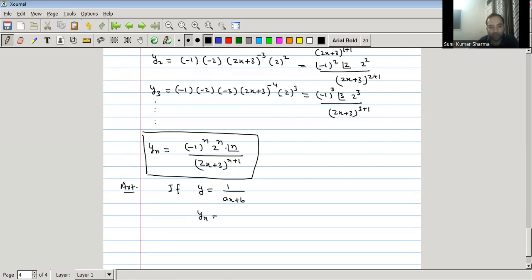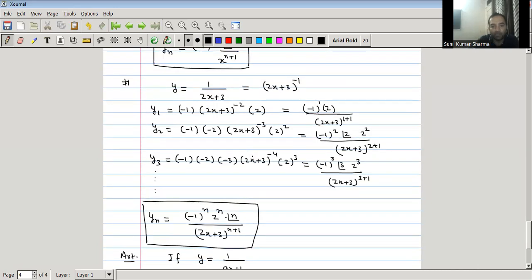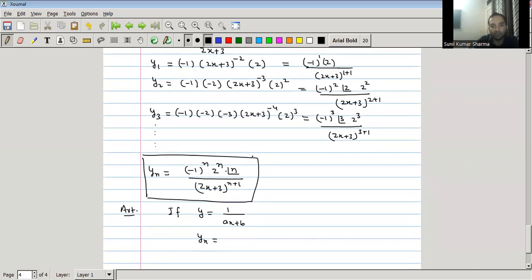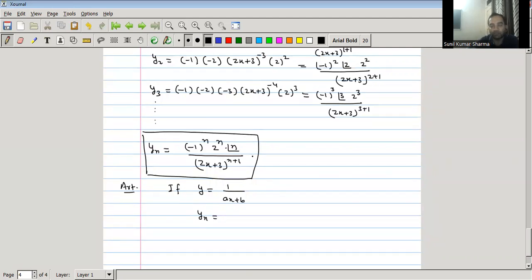In the previous example, we have a and b. So a is 2 and b is 3. So instead of 2 and 3, I write 1 upon ax plus b. So what is yn? Minus 1 to the power n into a to the power n into n factorial divided by ax plus b to the power n plus 1.